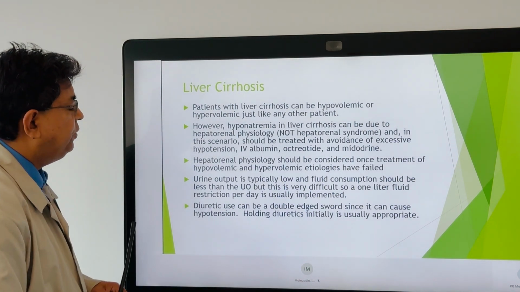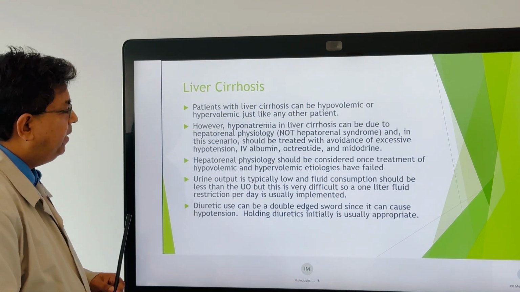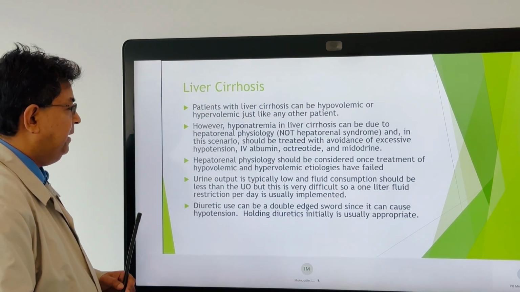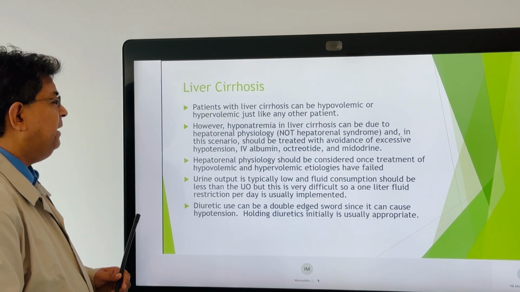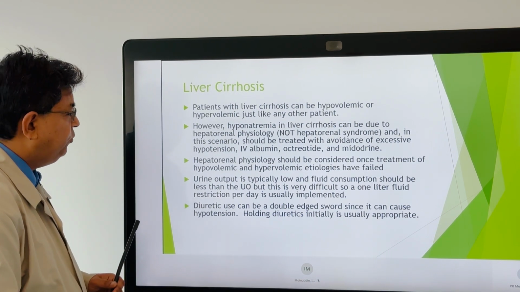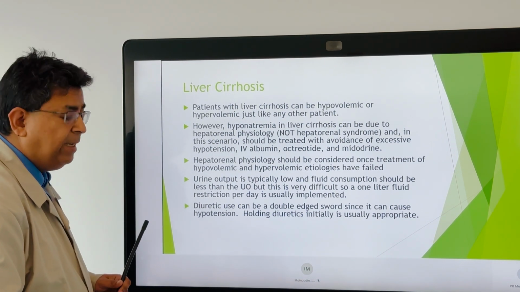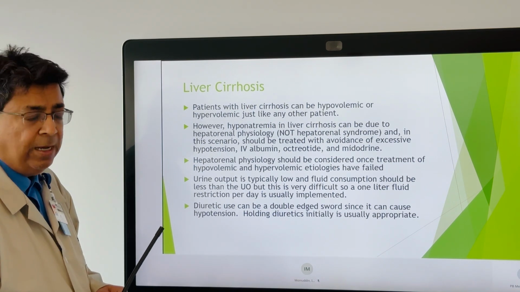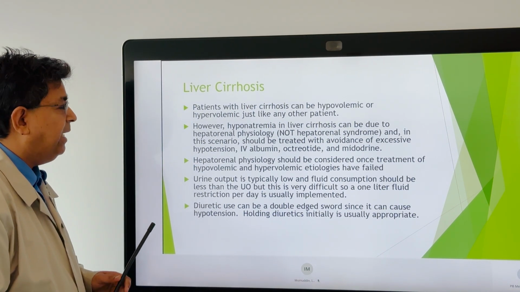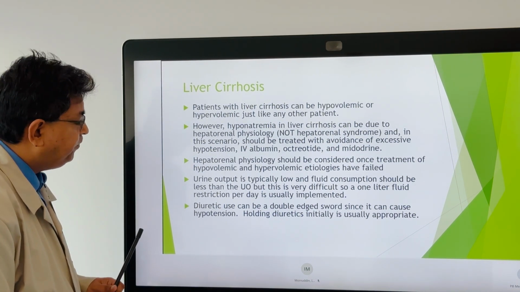Patients with liver cirrhosis can be hypovolemic or hypervolemic, just like any other patient. However, hyponatremia in liver cirrhosis can be due to hepatorenal physiology, not hepatorenal syndrome. Hepatorenal syndrome implies acute kidney injury.